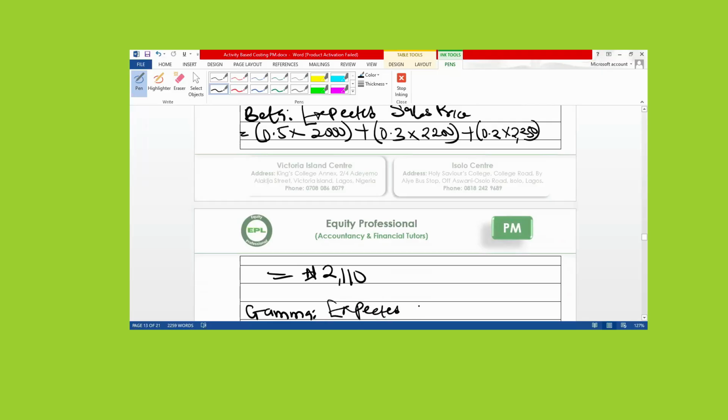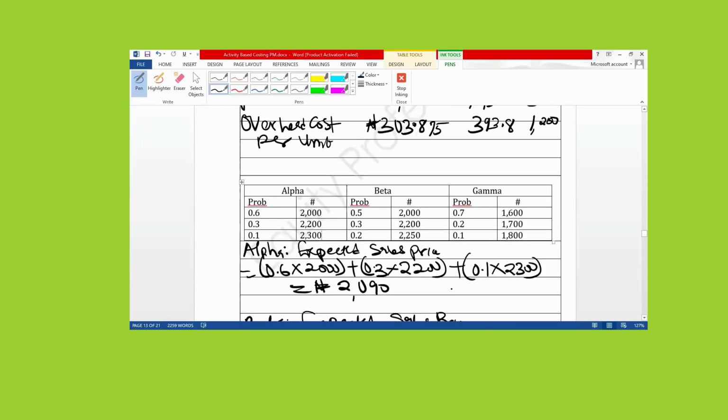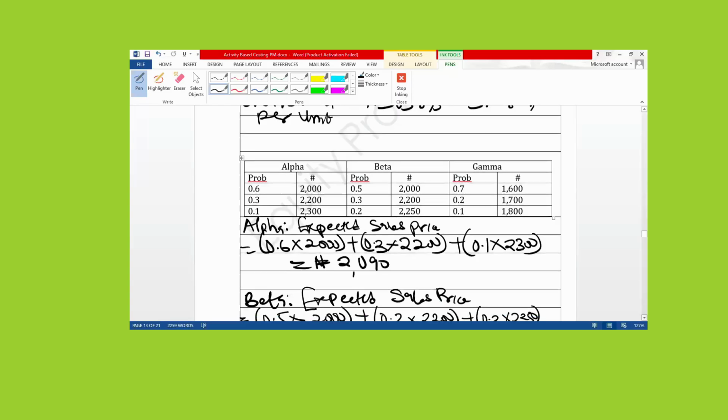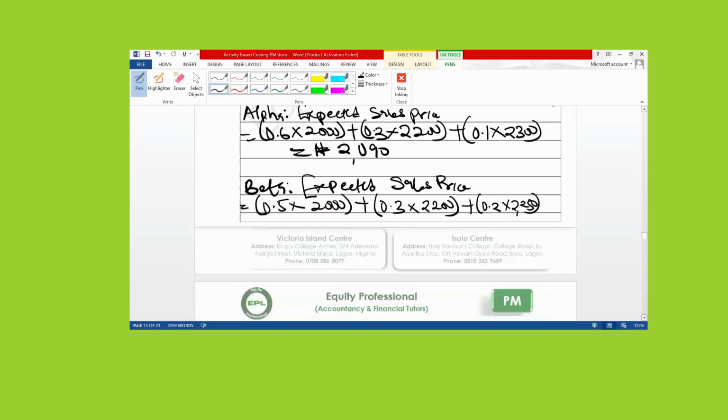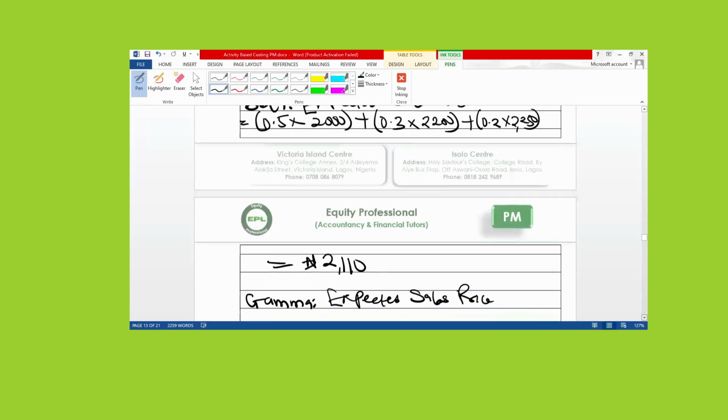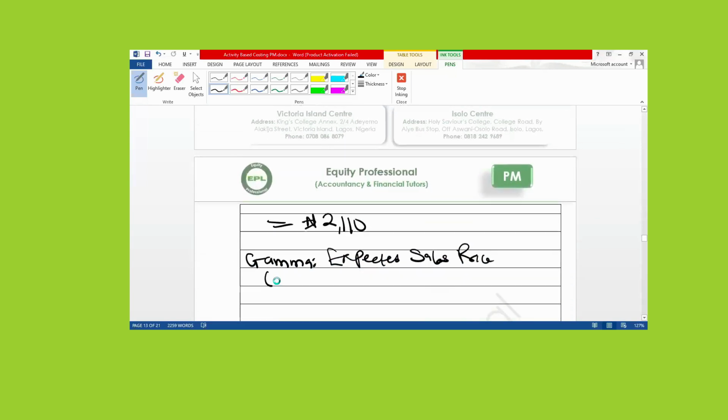Then go to gamma. Expected sales price: 0.7 multiplied by 1,600, plus 0.2 multiplied by 1,700, plus 0.1 multiplied by 1,800.